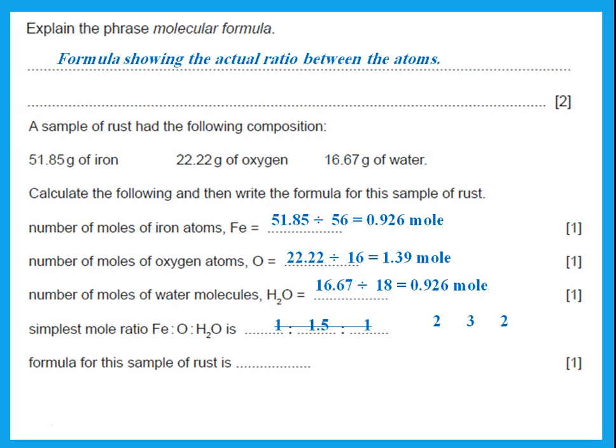So 1.5, if I multiply through by 2, it will be a whole number. So I multiply everything by 2. So instead of 1 to 1.5 to 1, my ratio is actually 2 to 3 to 2. And that means that my formula is this. Remember that this is how we write the formula of a hydrated salt. Fe2O3, and then I have 2 water, so we put dot 2 H2O.